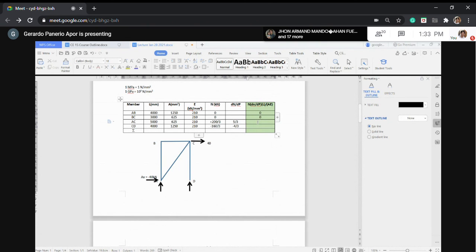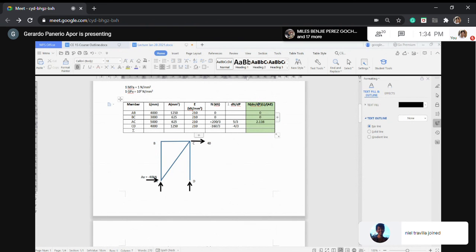Then multiplied by L, which is 5,000, divided by area, which is 1250, divided by elasticity, which is 210. So we have 2.116 mm.